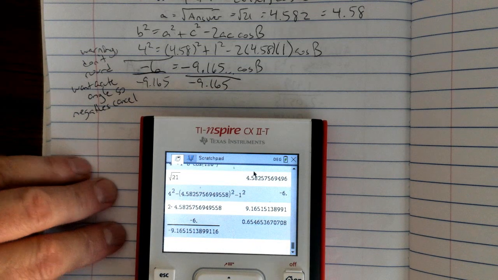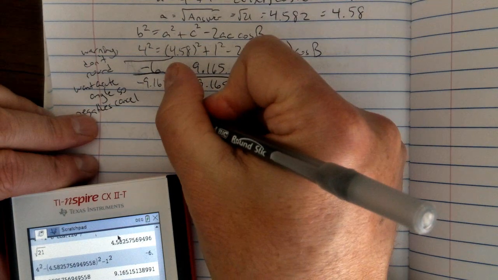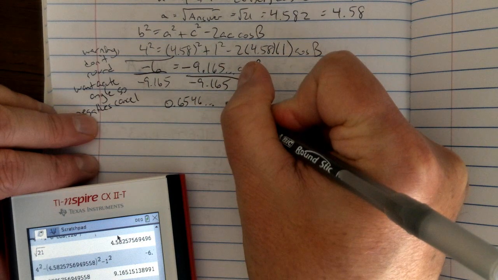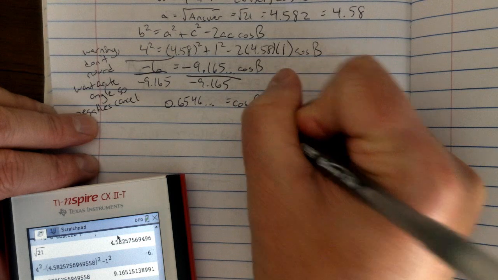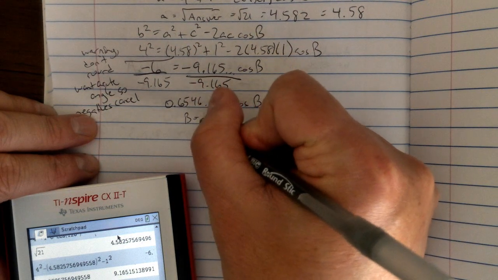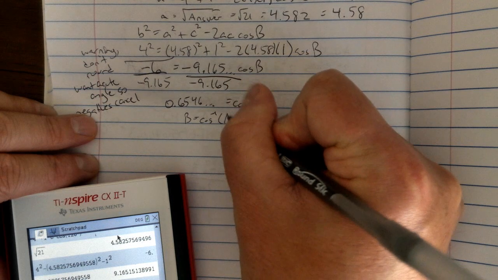It gives you 0.6546 something equal cosine B. So now you do cosine -1 of your answer.